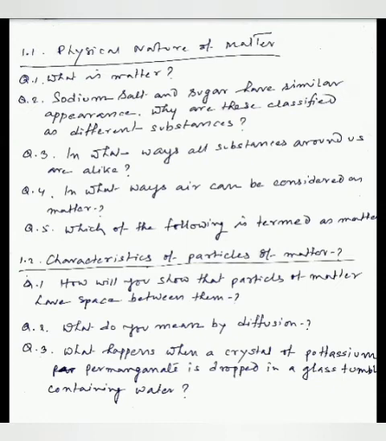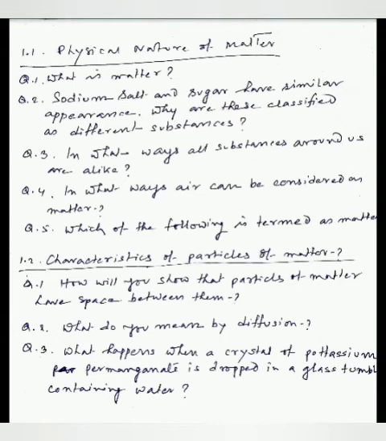The third question may be, what happens when a crystal of potassium permanganate is dropped in a glass tumbler containing water? When a crystal of potassium permanganate is dropped in a glass tumbler containing water, then the color of potassium permanganate spreads throughout the water in the glass. This shows that the particles of matter are continuously moving.